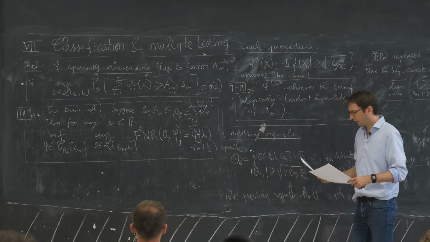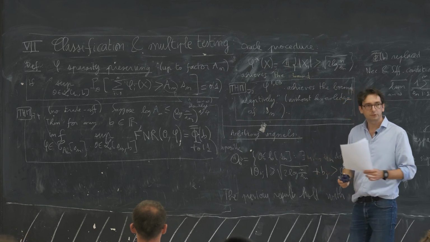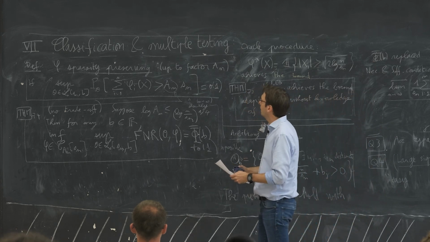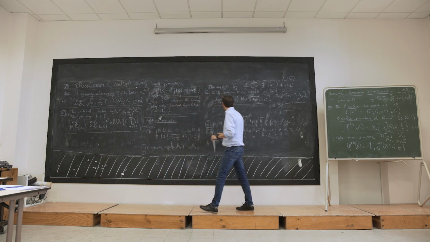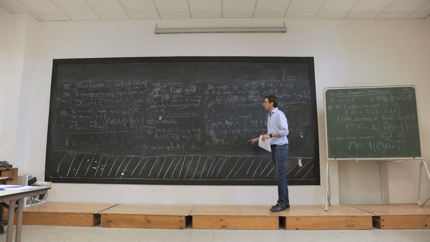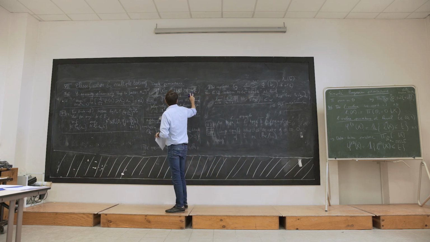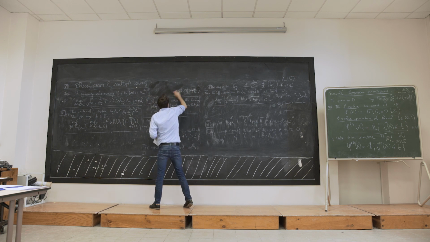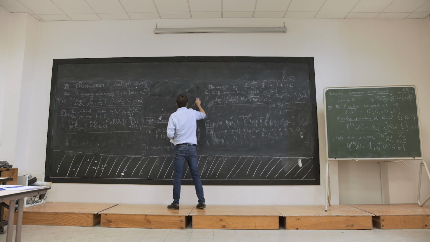Okay, so now let me see. What I wanted to do is to give maybe a quick answer to question 4 and then give you the proof of theorem 1. So let's see what we can do. Another reason why I wanted to show you the proof is that in a sense it is very Bayesian in spirit.